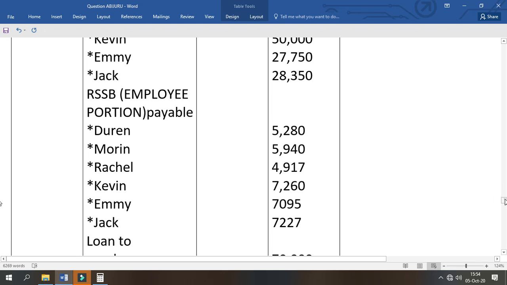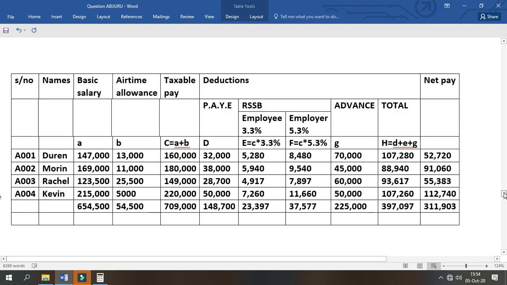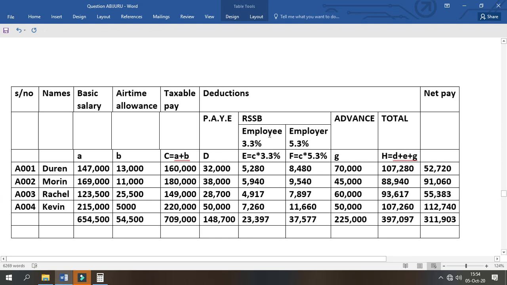See in this payroll for permanent employees, the employee portion contribution in Rwanda Social Security Board for Dylan is equal to 5,280. For Maureen is equal to 5,940, for Rachel is equal to 4,917, and for Kevin is equal to 7,260.